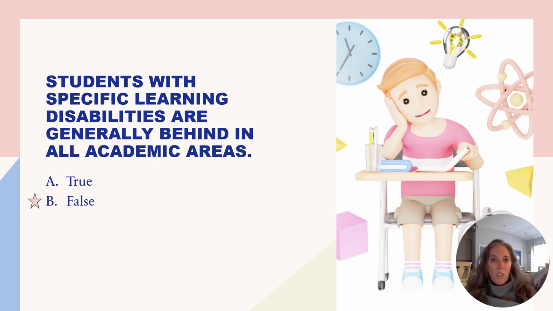So you do have students that, as I said in the previous slide, are able to read words, but they have a deficit in reading comprehension. They may be able to read and comprehend text, but then they may have issues in math. So that's why this one is false, is because students could be actually working at grade level in some areas.